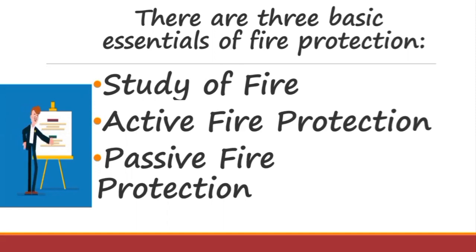Another is the smoke alarm or smoke detecting alarm. And what else does active fire protection include? Of course, the firefighting as well as the first aid. How about passive fire protection?